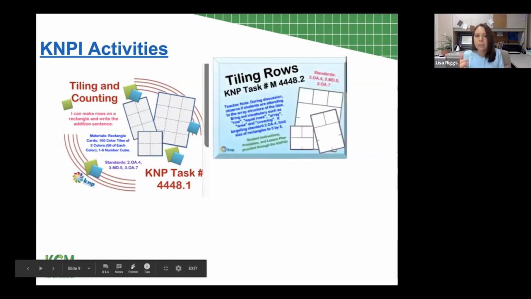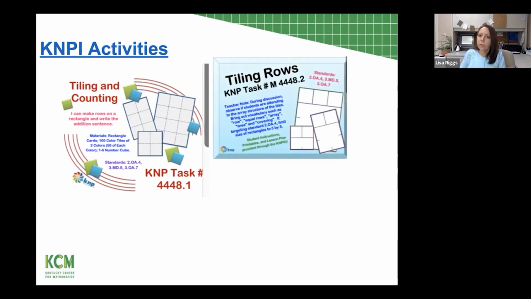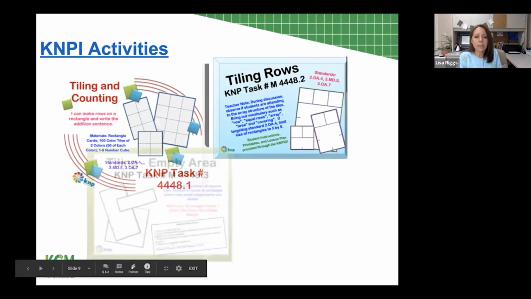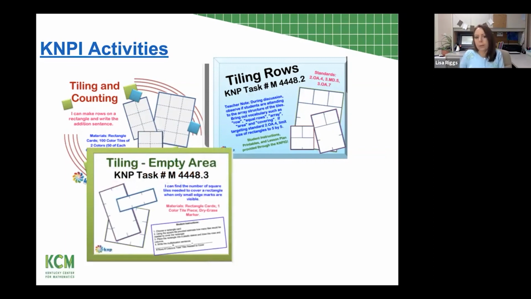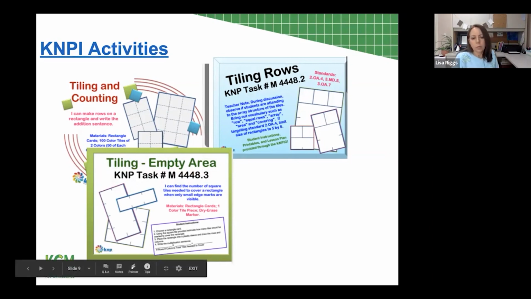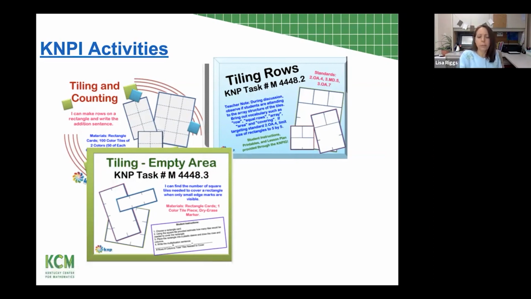Then task 2 scaffolds where we see a row, but the rest of the tile is open, and kids have to figure that out. The next scaffolded piece is where we just have the tick marks, but the area is open, and they're finding the number of square tiles needed to cover when they only see the edge marks.